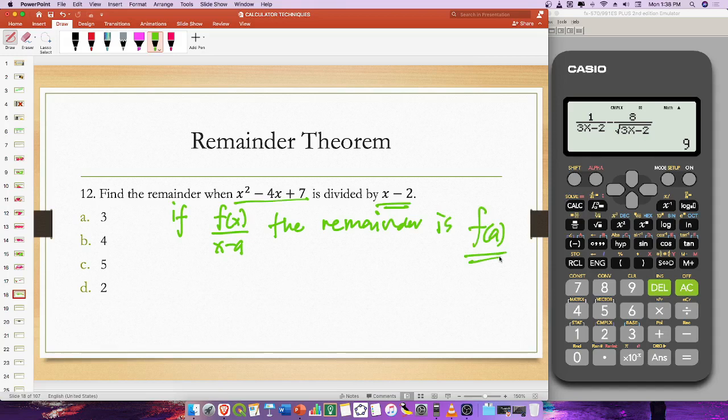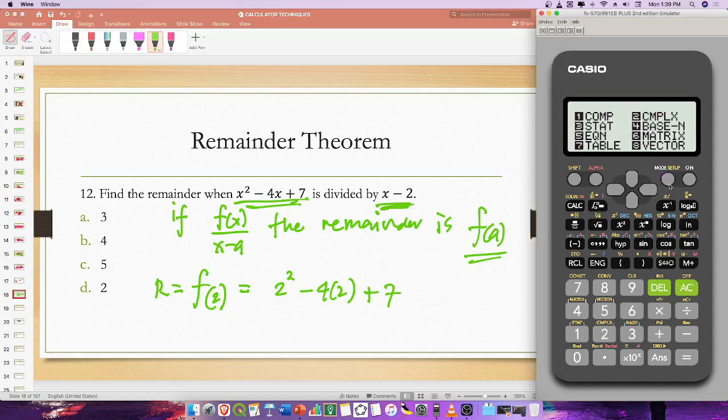What does it mean? It means that the remainder, if this function is divided by that function, is actually f of 2, which is equal to 2 squared minus 4 times 2 plus 7. That's the remainder theorem. You can use that.